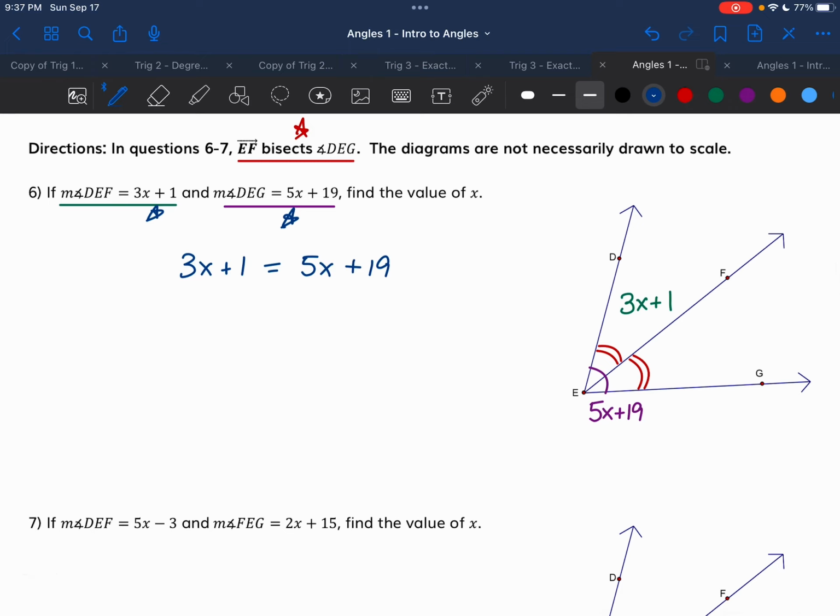You saw me trace those two angles out. This one in purple was much larger. This is where you have to be careful with what this information actually does mean to you. The fact that EF bisects angle DEG.